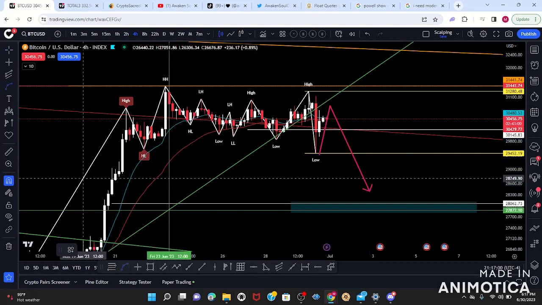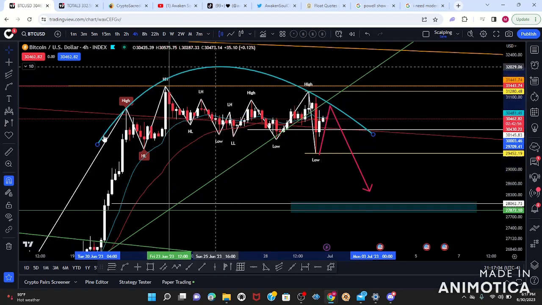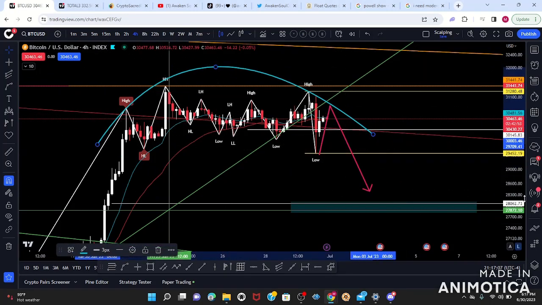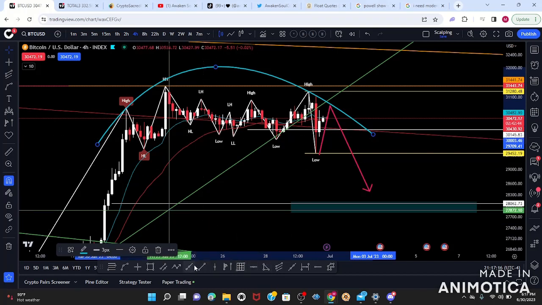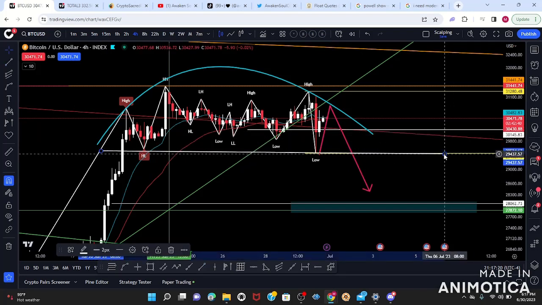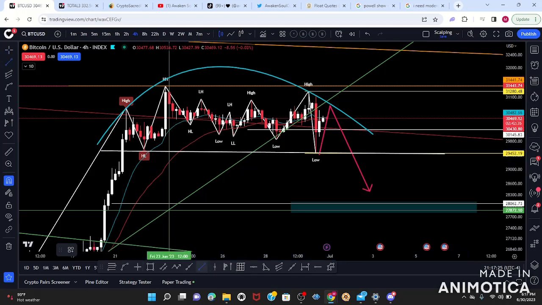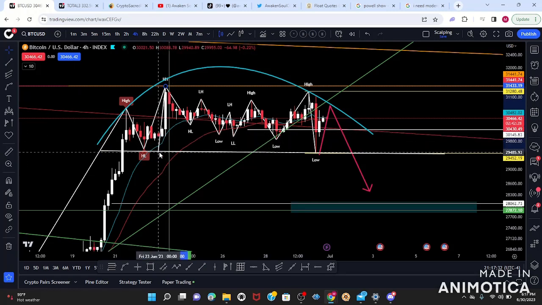Also, another observation I made this morning in my community was this possible rotation, this possible inverted cup. So something to consider. If we have a nice cup, we're going to have a nice neckline, correct? My neckline would probably be right here where the daily is, and then we would get a measured move from our high to the neckline. Let me turn off the magnet. That's how I assess the charts.